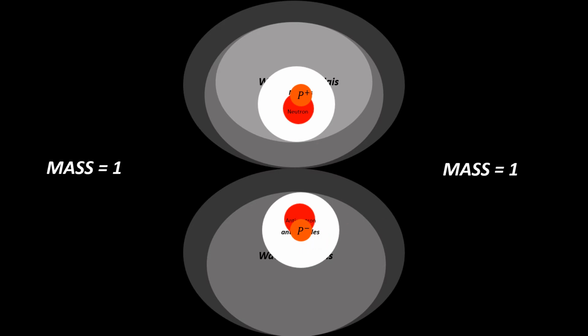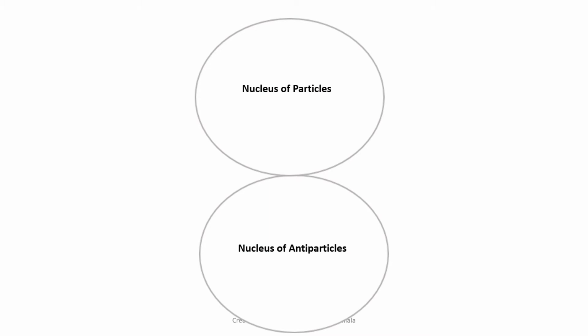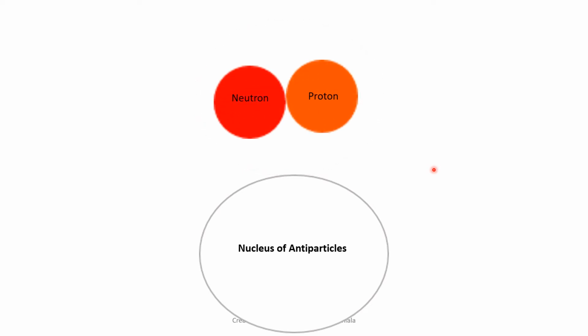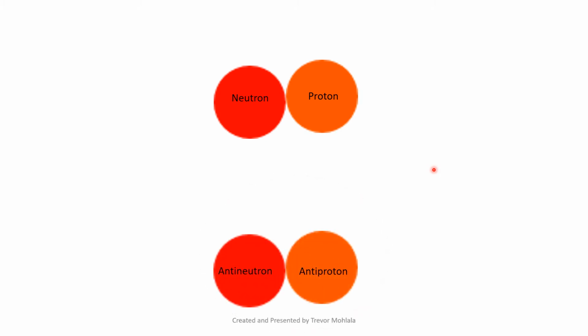So we need to therefore go further and look deep at the quantum particles inside the nucleus. However, we have already explained that inside the nucleus of particles we find the neutron and the proton, and inside the nucleus of antiparticles we find the antineutron and the antiproton. So let's go deep inside the neutron and inside the proton.